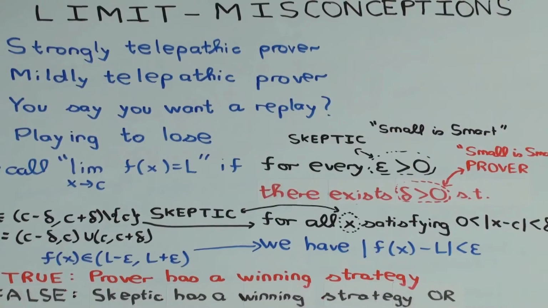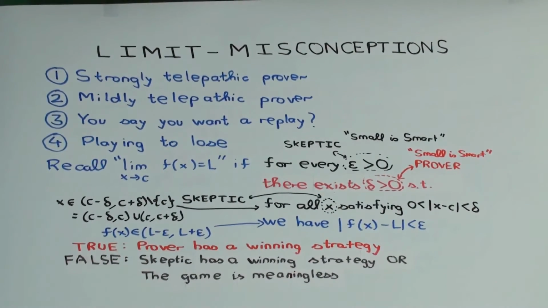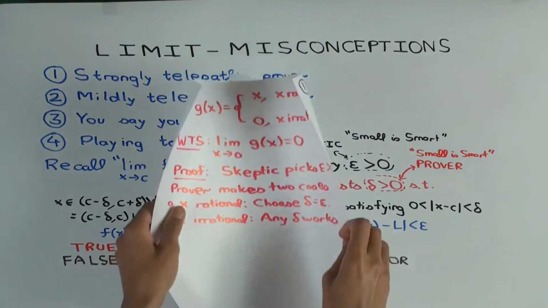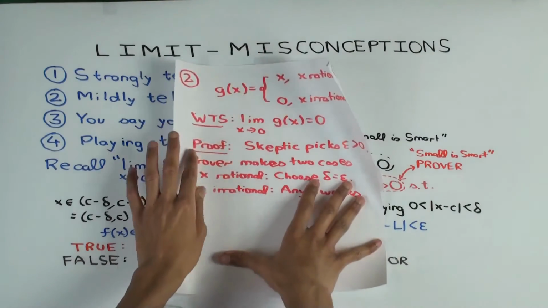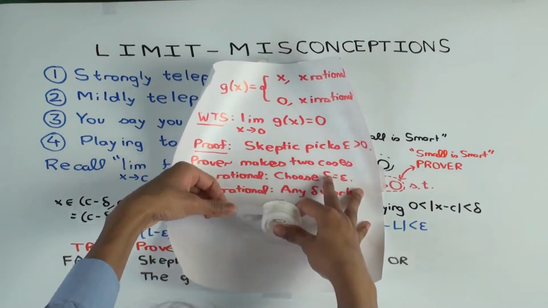I called this the strongly telepathic prover. What I meant by that is that the prover is sort of reading the skeptic's mind. It's called telepathy.